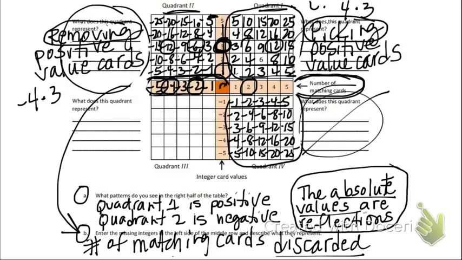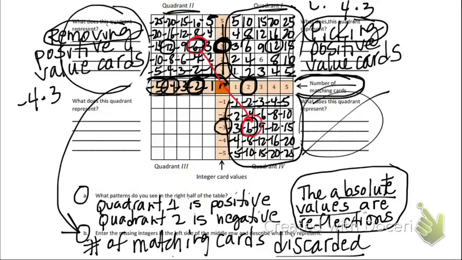Here we go. We have negative 2 times 3 is negative 6. Now we have 2, which is the opposite of negative 2, times negative 3. Negative 3 is also negative 6. So these two values here are the same. The two products are the same.